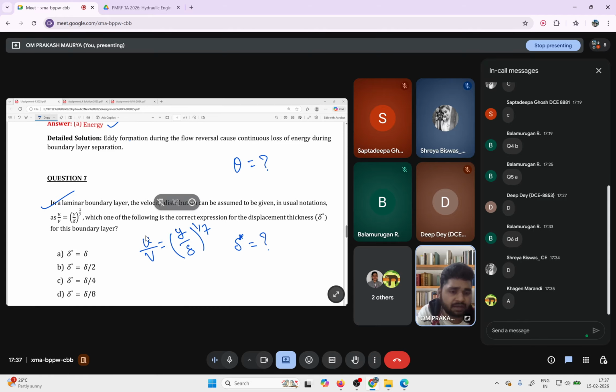For the previous question, I think you are telling A option, Kagan. Okay, A option was correct. Now for question number 7, you just try to write your answer in the chat box. You have 5 minutes. Just think on that, how you will calculate, and calculate with patience. Here you need to have some patience for the calculation.